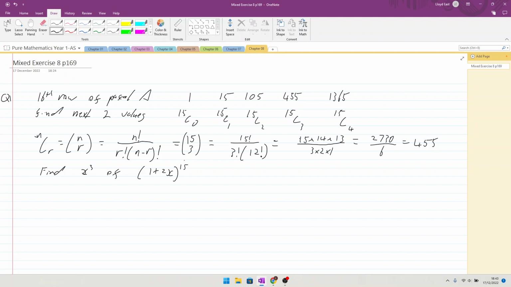Okay, so using your binomial expansion, we can say that a is equal to 1, b is equal to 2x, and n is equal to 15.